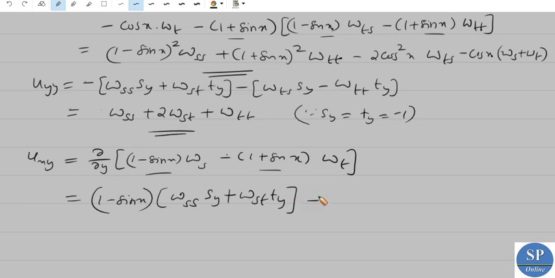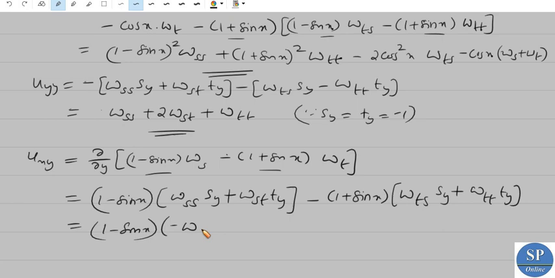Now from this minus 1 plus sin x into partial derivative of wt with respect to y, which is wts sy plus wtt ty. Now we have sy and ty are minus 1, so this can be written as 1 minus sin x into minus wss minus wst, minus 1 plus sin x into minus wts minus wtt.